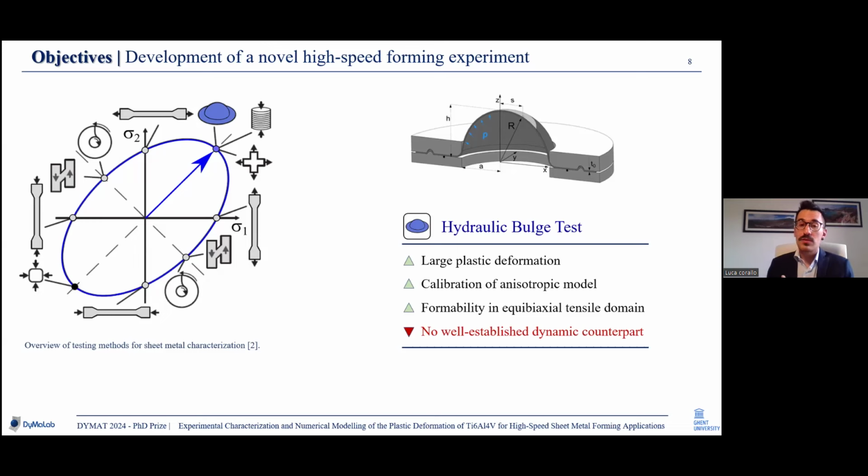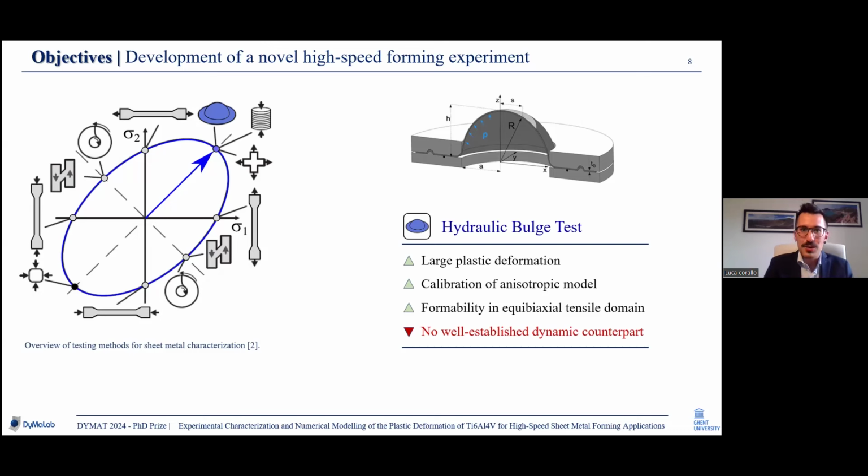However, there was not yet a well-established dynamic counterpart for this technique. By well-established dynamic counterpart, I mean an experimental technique able to impose dynamic equibiaxial tensile load to sheet metal and at the same time allowing for the implementation of full-field optical measurements at the sample surface throughout the experiment.